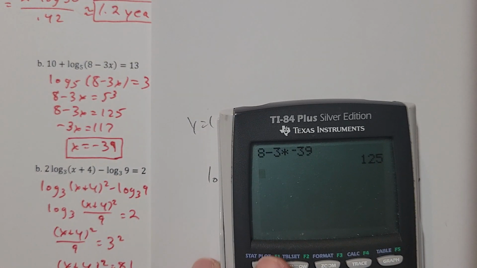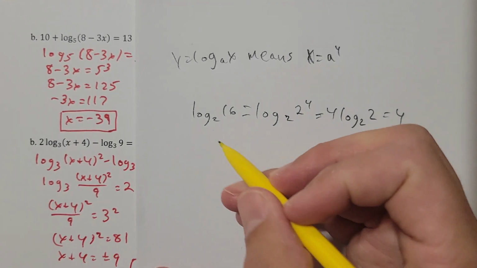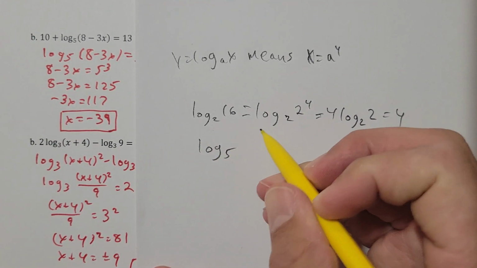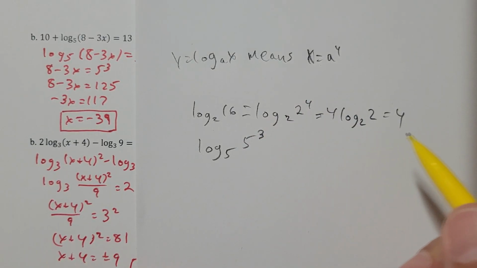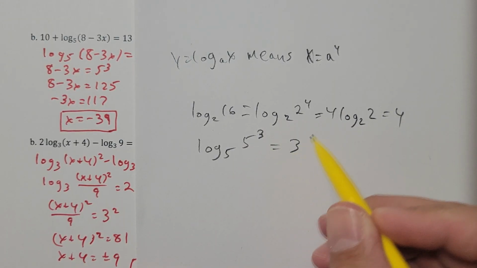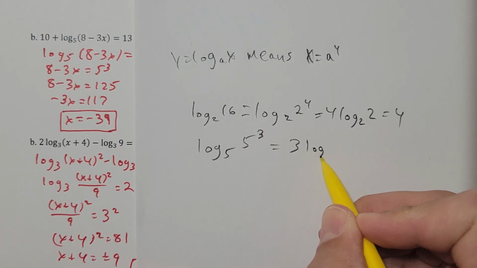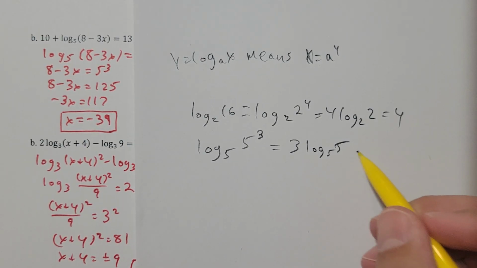So then log base 5 of 125, that's the same thing as 5 cubed. 5 times 5 times 5, that's 125, and powers can come out of logarithms. So I got 3 times log base 5 of 5. Log base 5 of 5 is 1, so I get 3 with that.